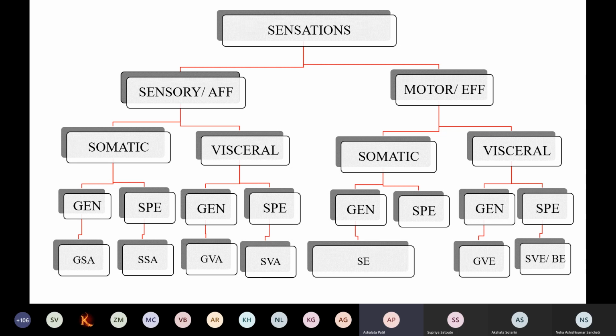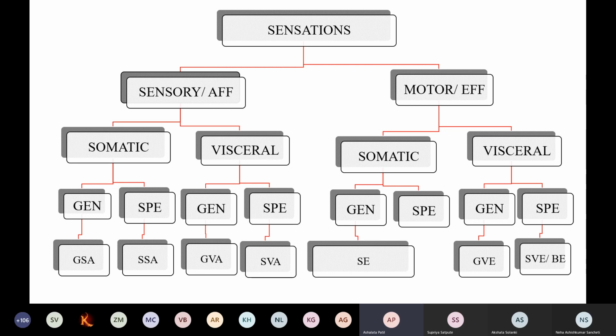Again, in the spinal cord we have seen somatic and visceral sensations. The same applies here with cranial nerves: somatic and visceral, both sensory as well as motor. But in cranial nerves, these sensations are further divided into general and special. We have not seen special sensations in the spinal cord.